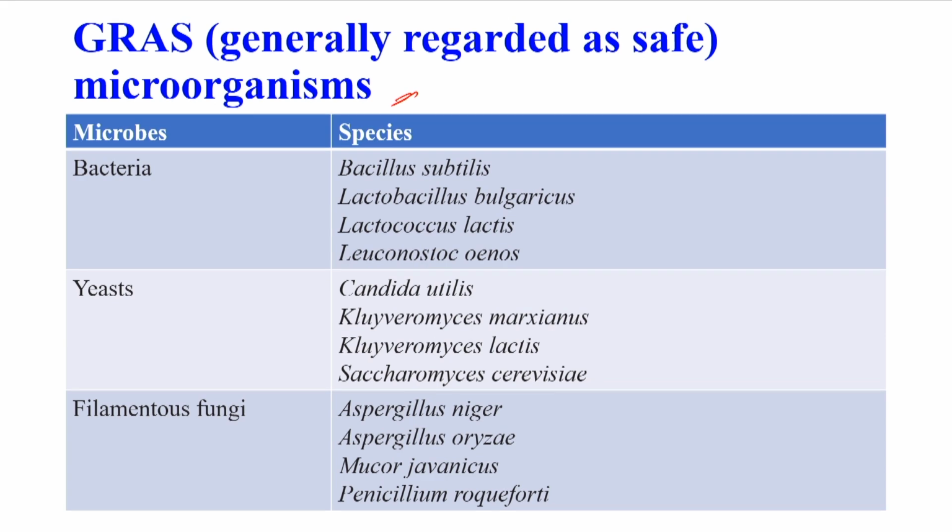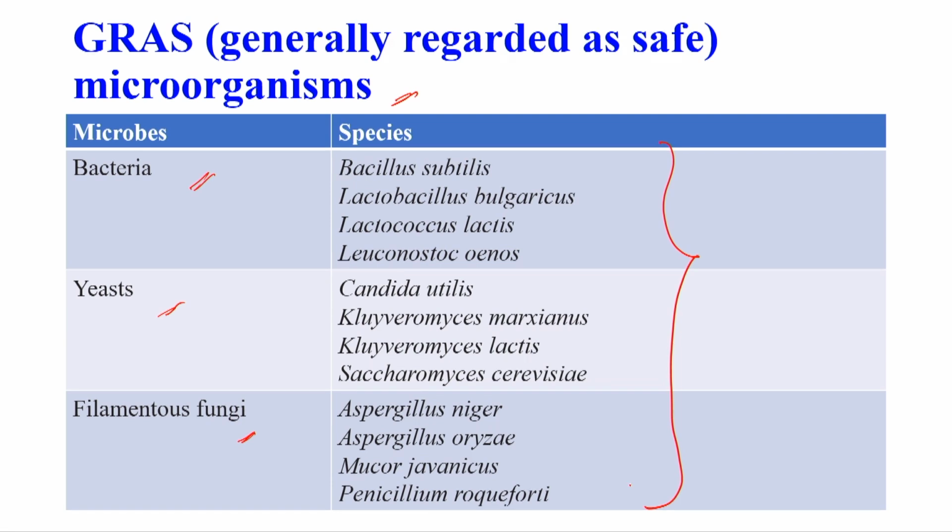I have listed a few species: bacteria like Bacillus subtilis, Lactobacillus bulgaricus, Lactococcus lactis; yeasts like Candida utilis, Saccharomyces cerevisiae; and filamentous fungi Aspergillus niger and Aspergillus oryzae. These are the strains most commonly exploited through metabolic and genetic engineering.